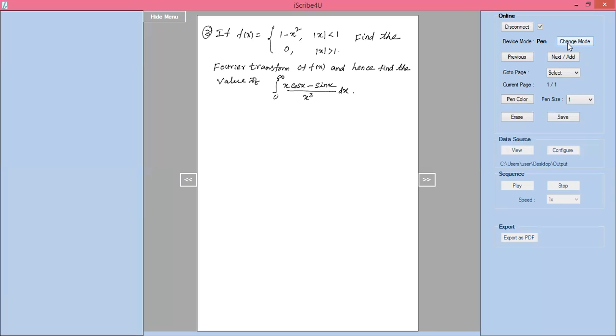How do you find this one? We will see. Solution.